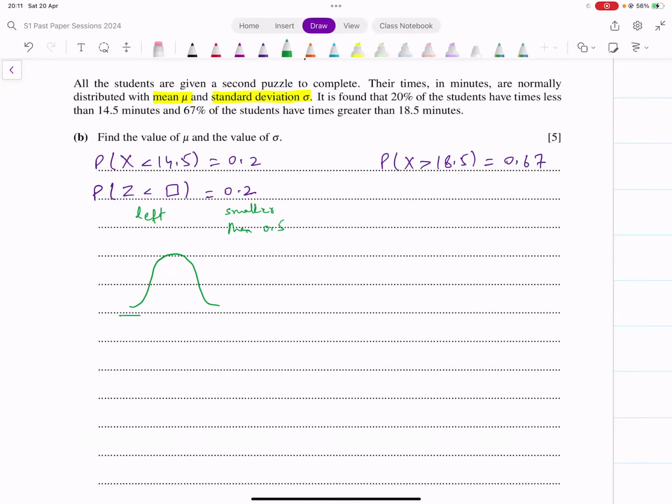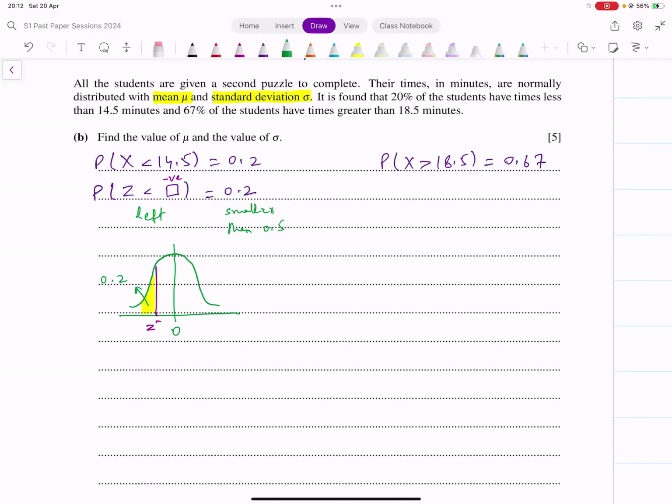So what do we understand from that? Is z going to be positive or negative? If we place that on the negative side, then the area to the left would be smaller, and that's what we want. So the z value is supposed to be negative. Now, since this is negative, we are given that the area to the left of the z value is 0.2.